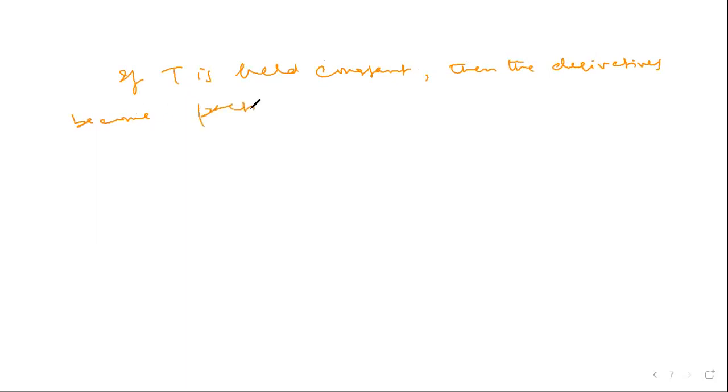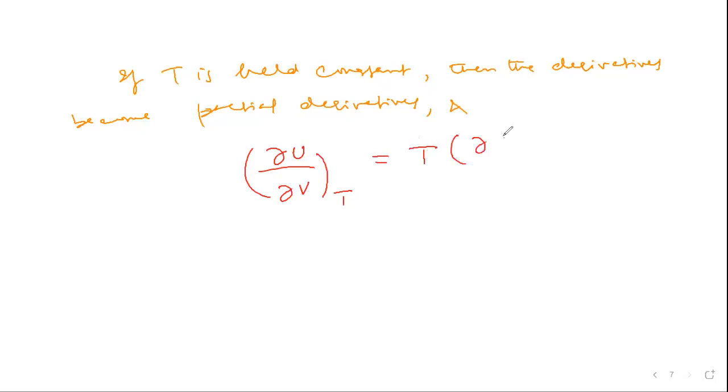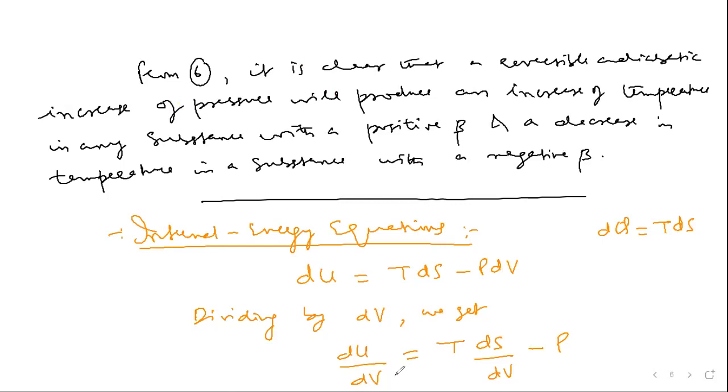And we can write dou U by dou V at constant T equal to T dou S by dou V at T minus P. So we have just converted these derivatives into partial derivatives.